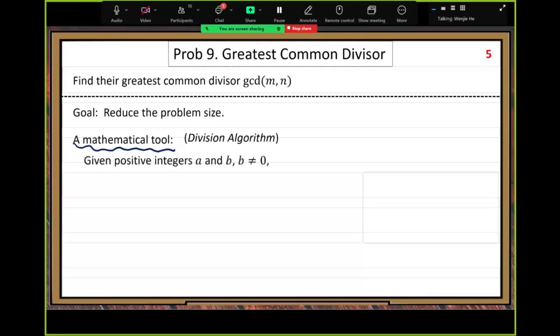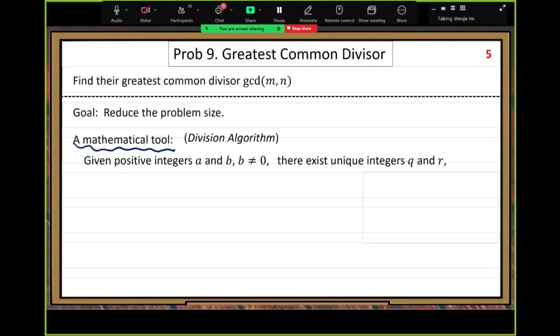So let's look at the details of this division algorithm. Given positive integers a and b with b not equal to 0, because we want to use b as the divisor. Divisor can never be 0. So we assume b not equal to 0.